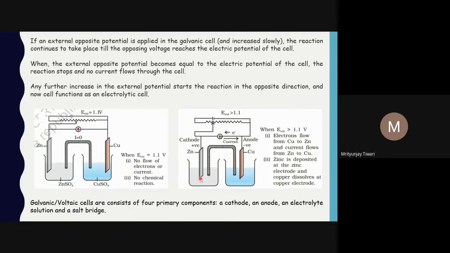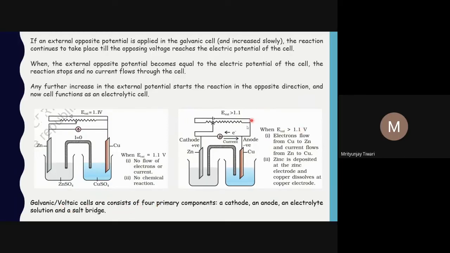The zinc electrode accepts those electrons, and the zinc ions in the solution will come and combine with the electrons to get deposited on the zinc plate. This is what galvanic or voltaic cells consist of.